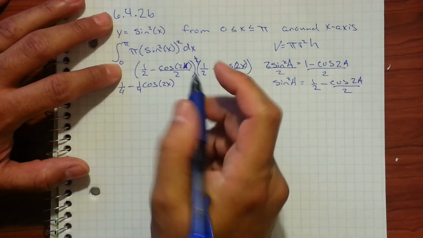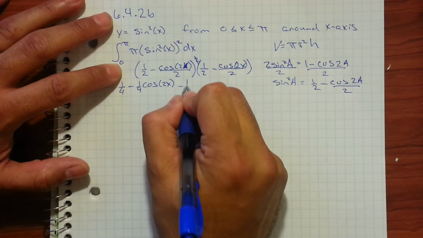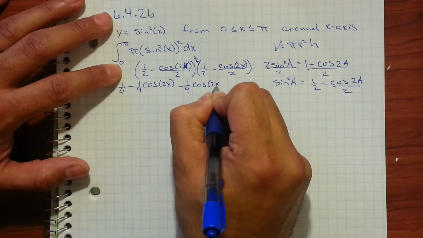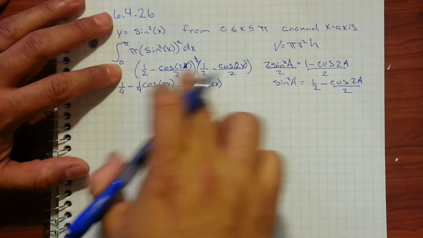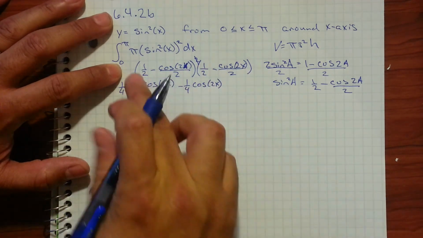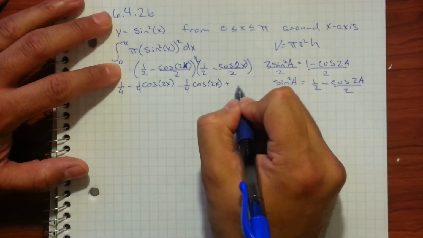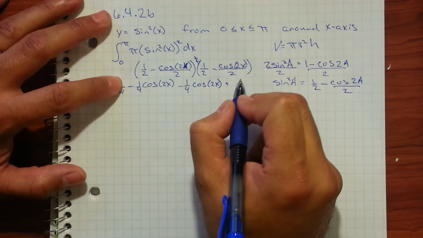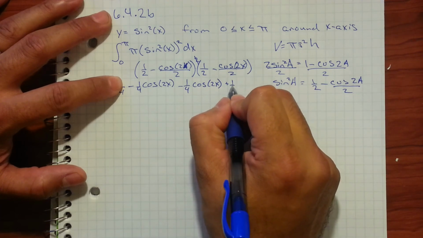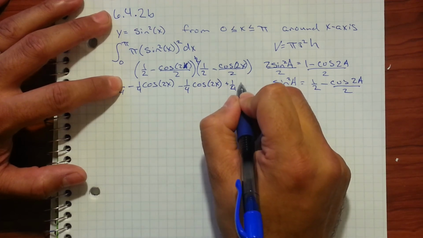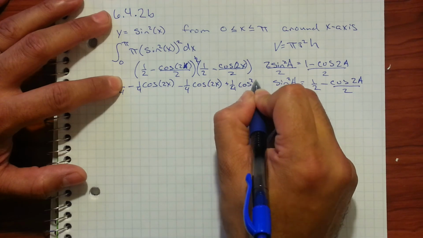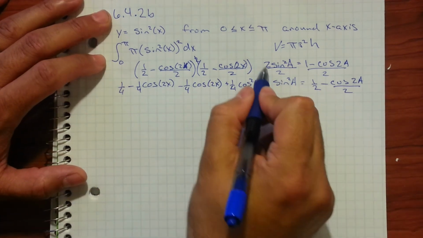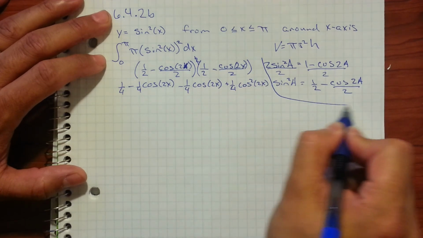Distribute here, and I get minus 1/4 cosine of 2x, and I have two negatives. Negative, negative makes it a positive, and that's going to be 1/4 cosine squared of 2x. So let's draw a line so we don't confuse this piece right here.